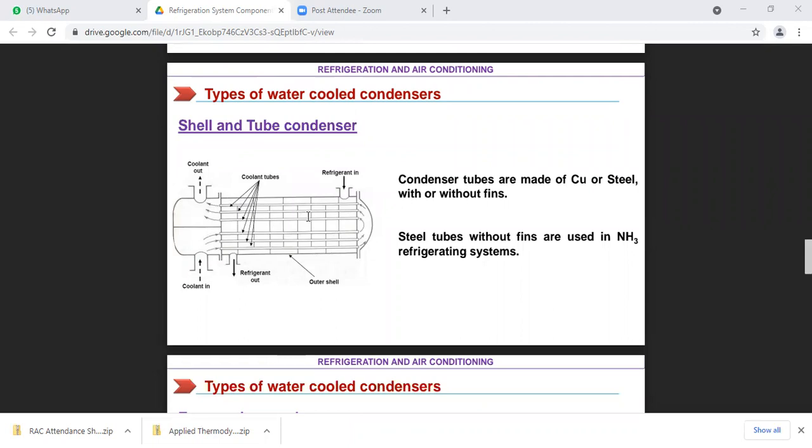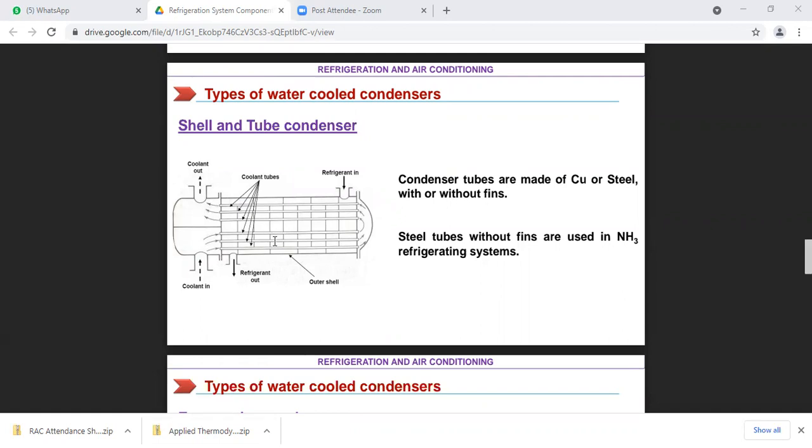The tube supports are provided in the shell to avoid sagging of the tubes, and water is circulated through these tubes, and the refrigerant enters at the top and gets cooled and condensed as it comes in contact with the water tubes.